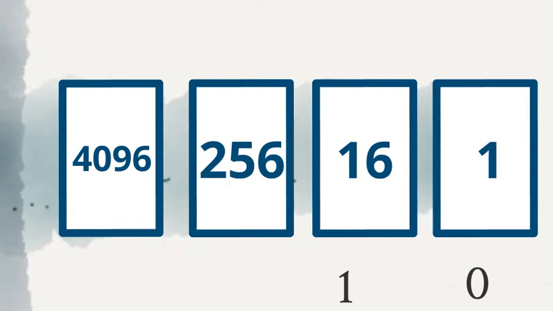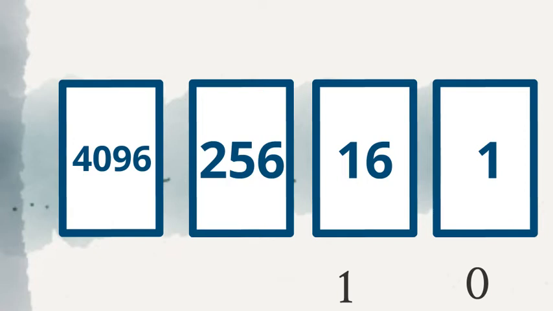Then the next number will be, instead of being 2 to the power of 1 as binary was, it will be 16 to the power of 1. 16 to the power of 1 is 16. So the next number will be 16 to the power of 2. 16 times 16 is 256. The next number will be 16 to the power of 3. 16 times 16 times 16 is 4096, and so on. This will carry on as however big your hexadecimal number will be.